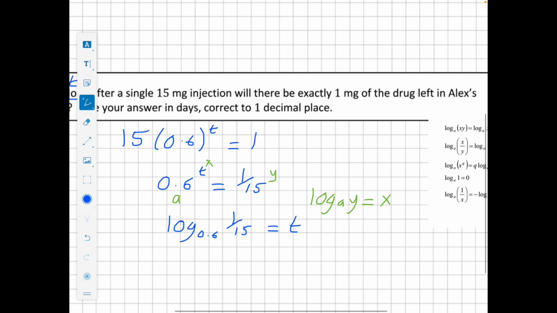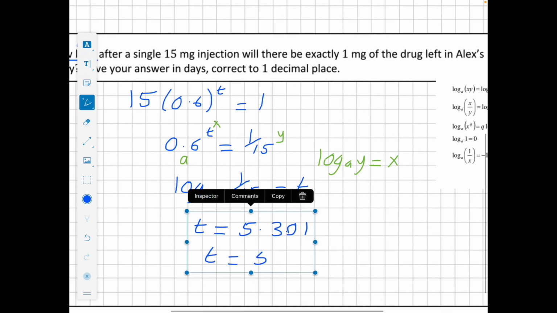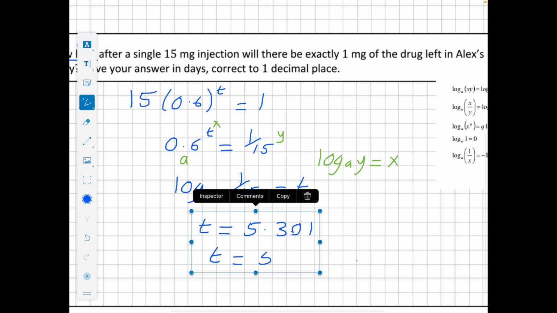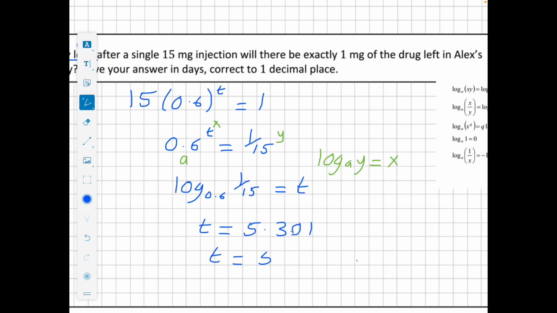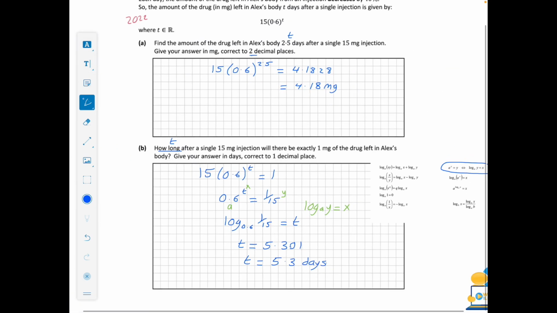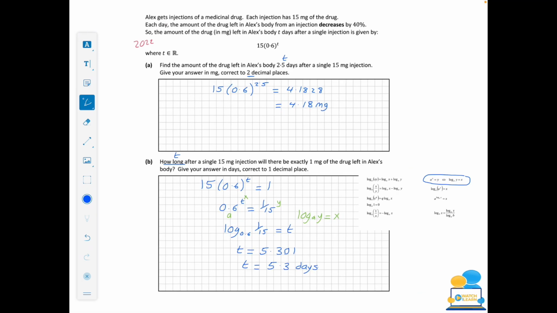So log to base 0.6 of 1 over 15, t is equal to 5.301. It says to one decimal place, so t is equal to 5.3 days. So after 5.3 days, there'll be exactly 1 milligram left.